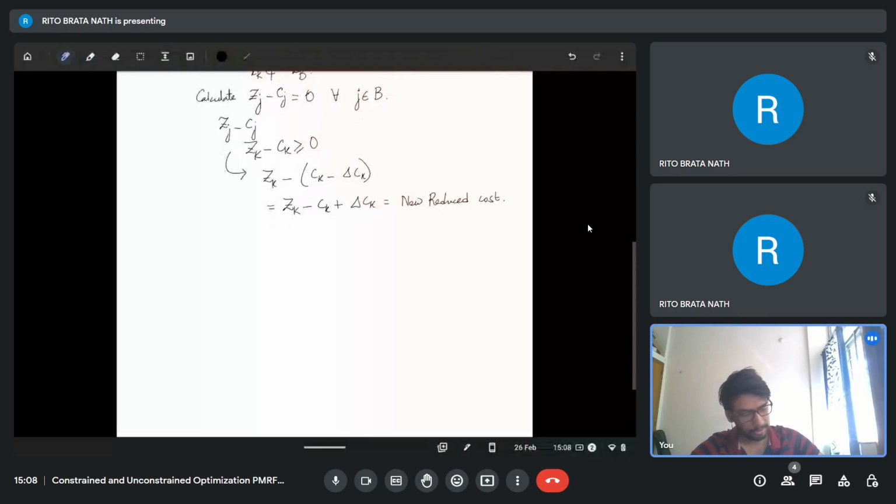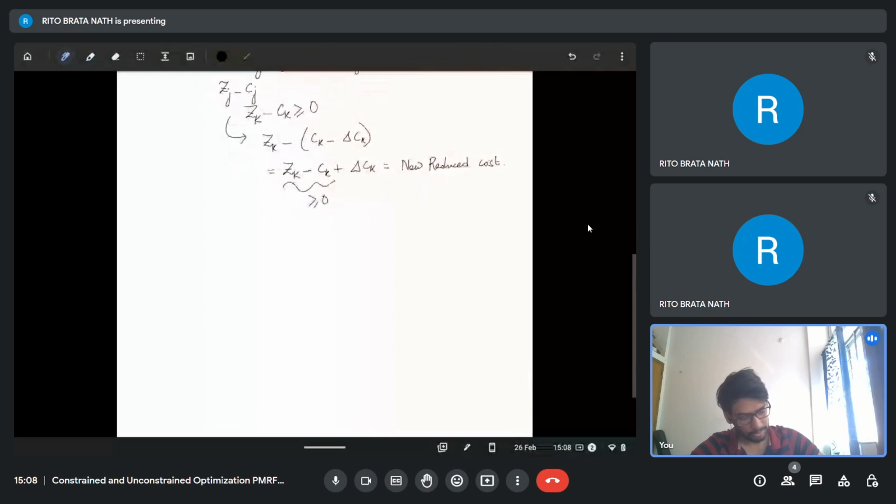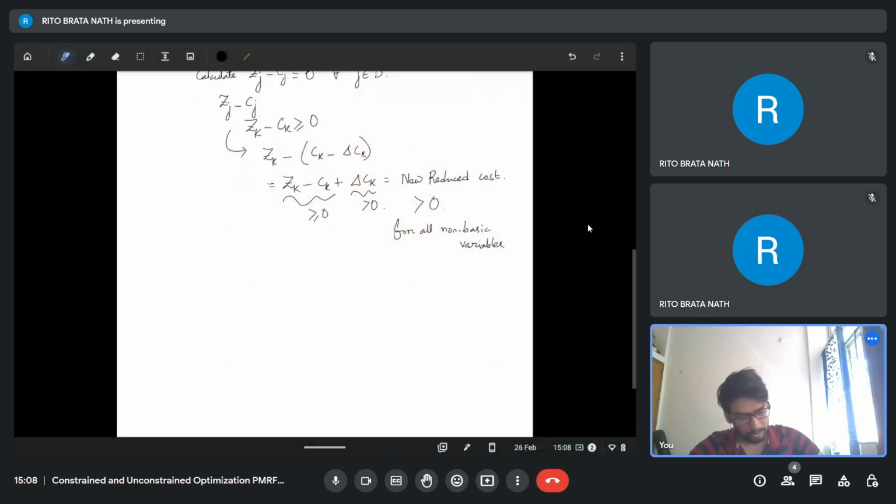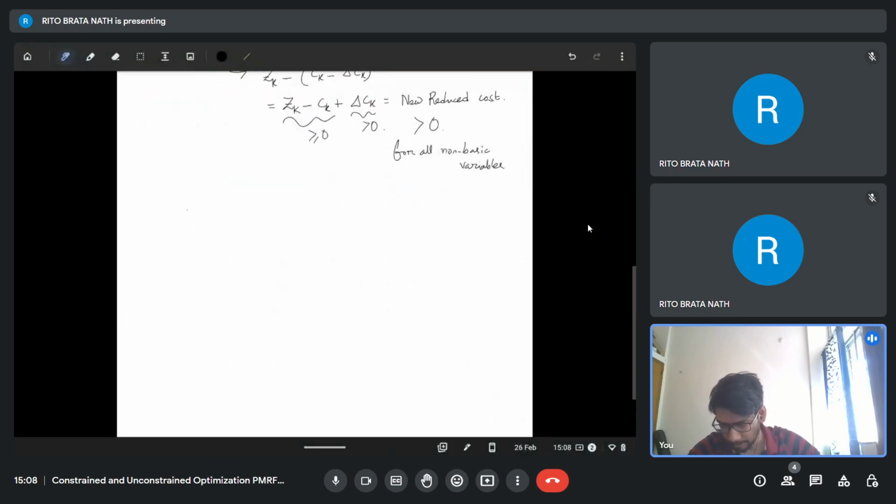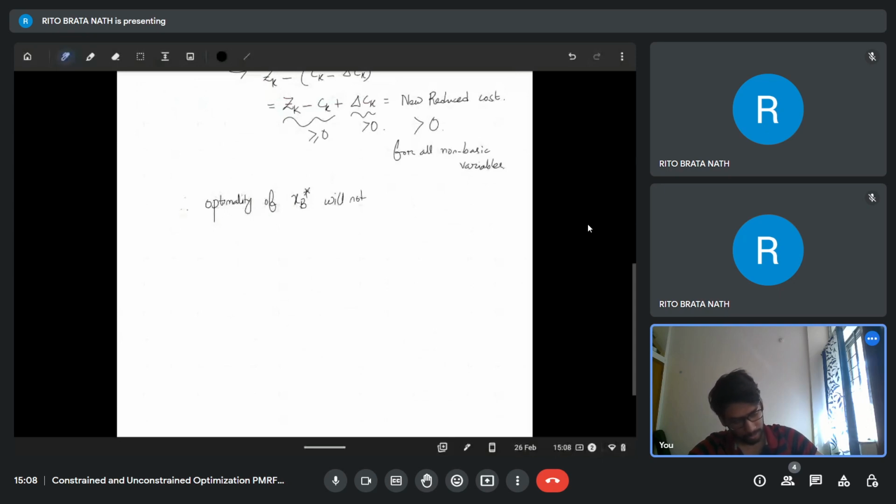That means this part is already greater than or equal to 0, and this is something greater than 0, so this becomes greater than 0 for all non-basic variables as well. So optimality does not change. Therefore the answer will be: optimality of xb star will not be affected. Right. Okay, so option B is the correct one.